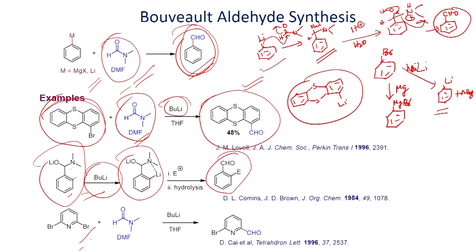Here is another example. As we just saw, you can react with n-butyllithium, and with one equivalent of n-butyllithium you can make the corresponding lithium reagent. Then, as we just saw, when you react with dimethylformamide, it can undergo an addition reaction.